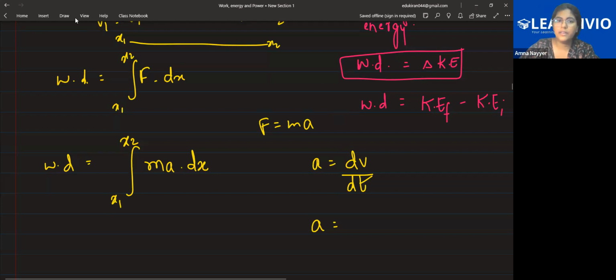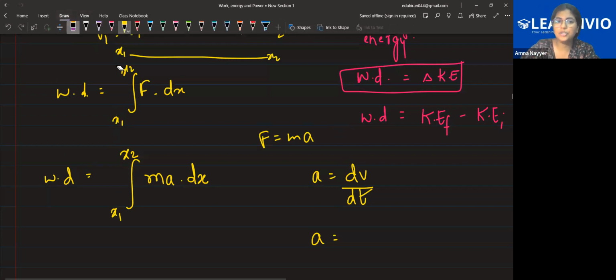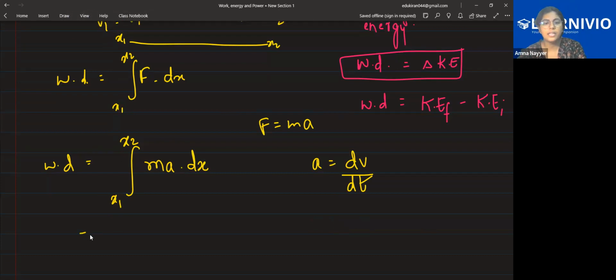If you double differentiated, the issue that arises here is in the denominator, and when you are using the integration, so if you put it here, this will be mass dv over dt into dx from x1 to x2.